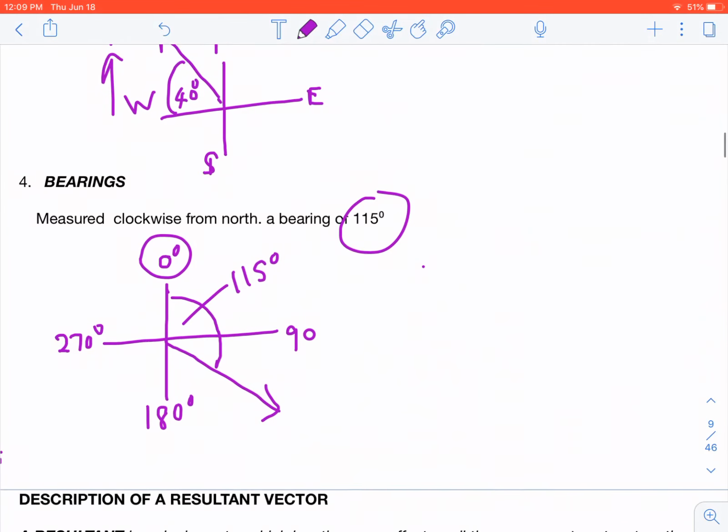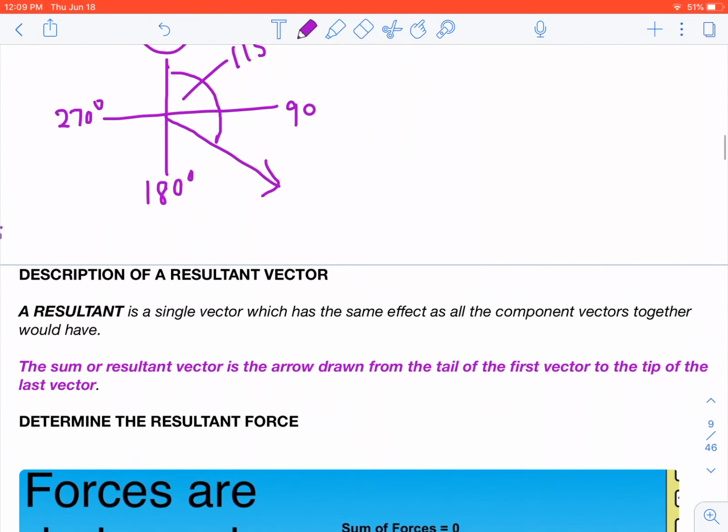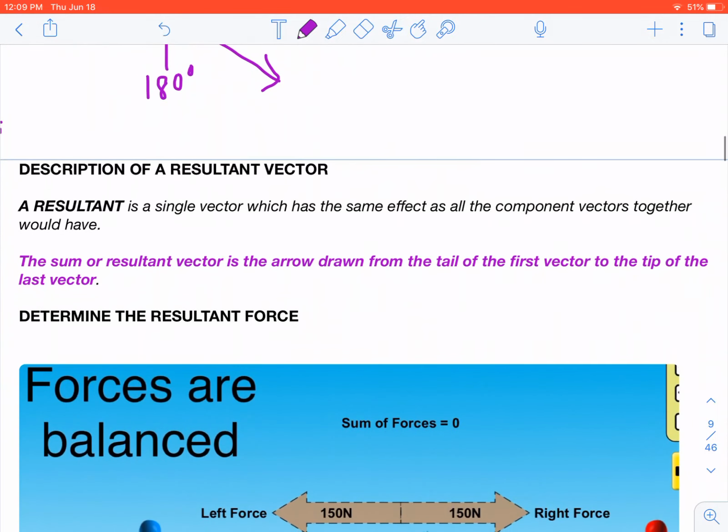Now let's go and look at the description of a resultant vector. Firstly, a resultant vector is a single vector that has the same effect as all the component vectors together, right?